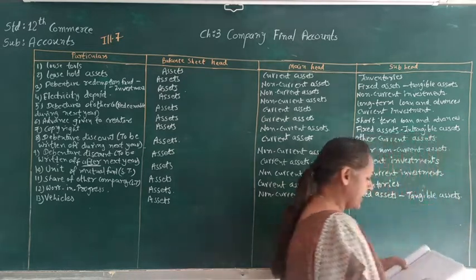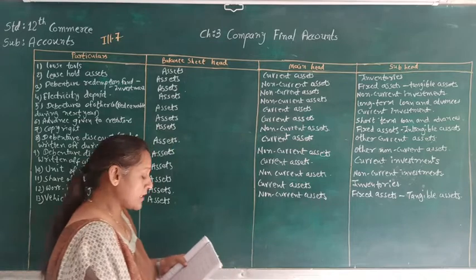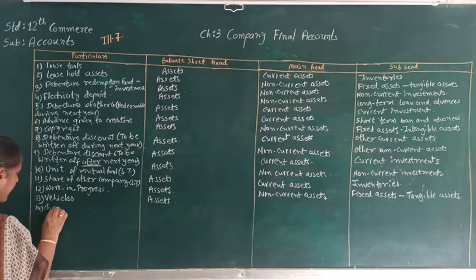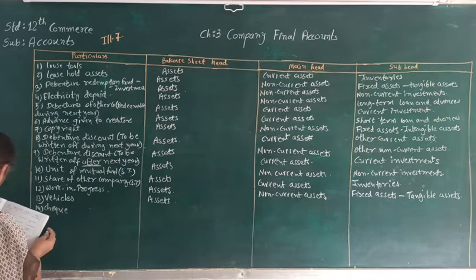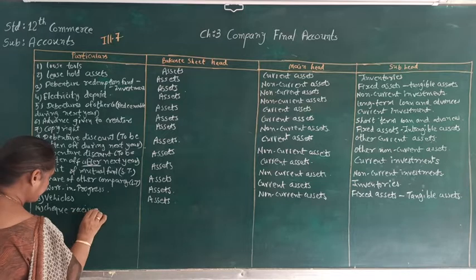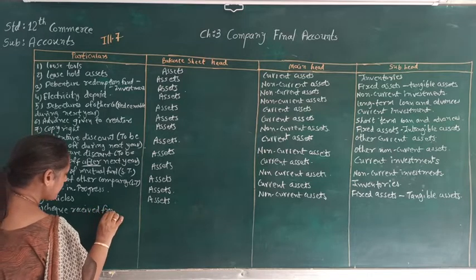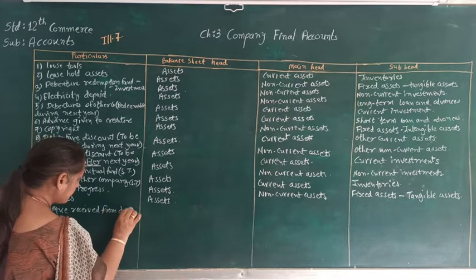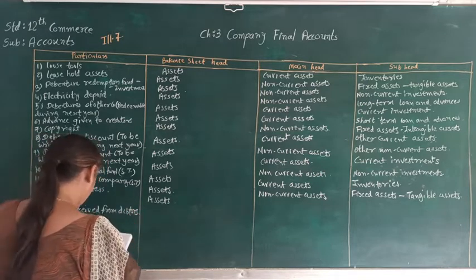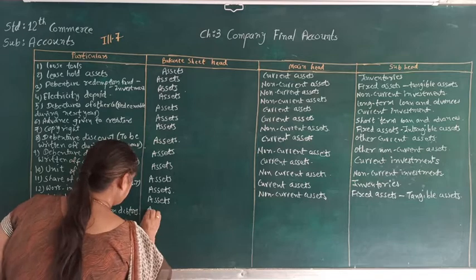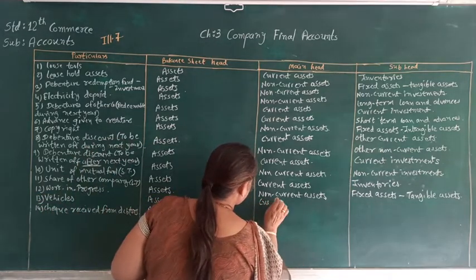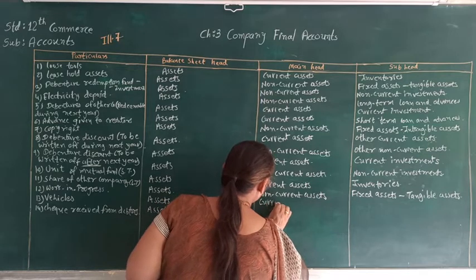Again, the next one is cheque received from debtors. Number 14 is cheque received from debtors. So here again it is a current asset, and this is cash and cash equivalent.